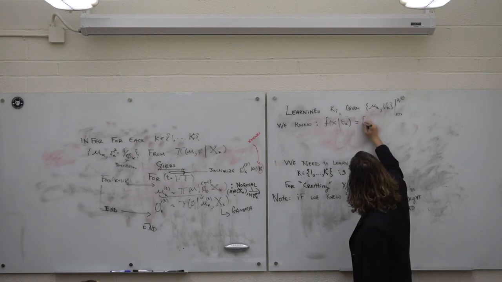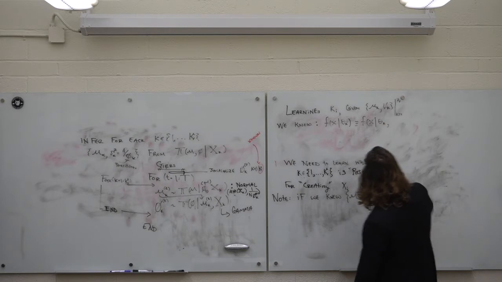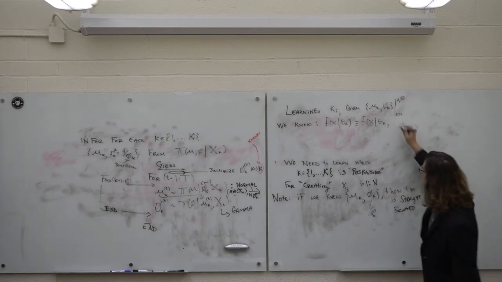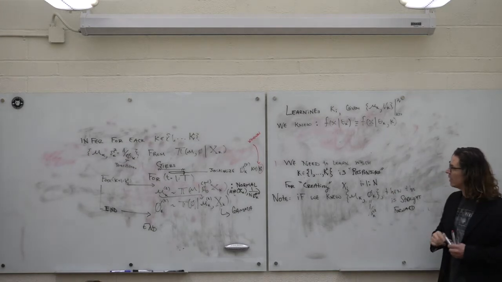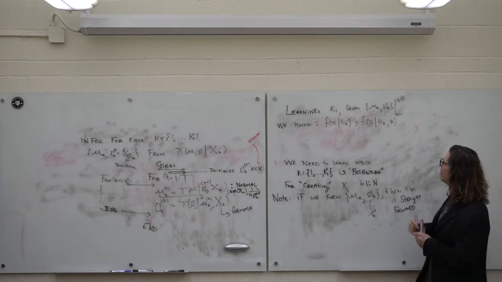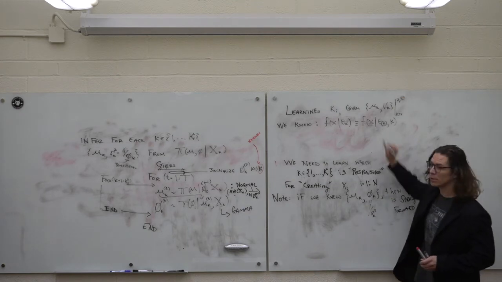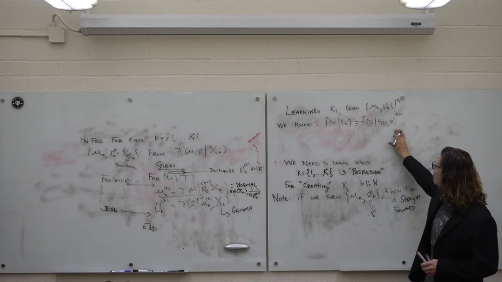I'm going to define this to be f of x given theta k, and I'm going to be a little repetitive with my notation and just condition on k itself. Now, this is redundant because you know the k right here, but I just want to build in some notation for you. So I'm just going to redefine this.